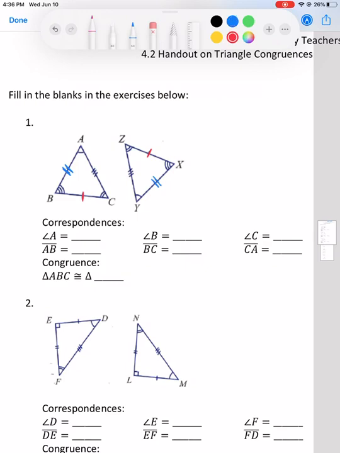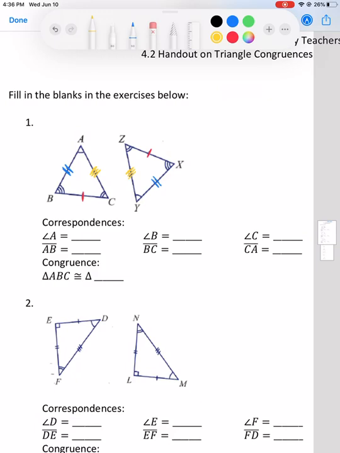Now three tick marks will show another correspondence, so side AC and side YZ are also equal to each other. Okay. No matter the orientation, the marks help us know which sides are equal.